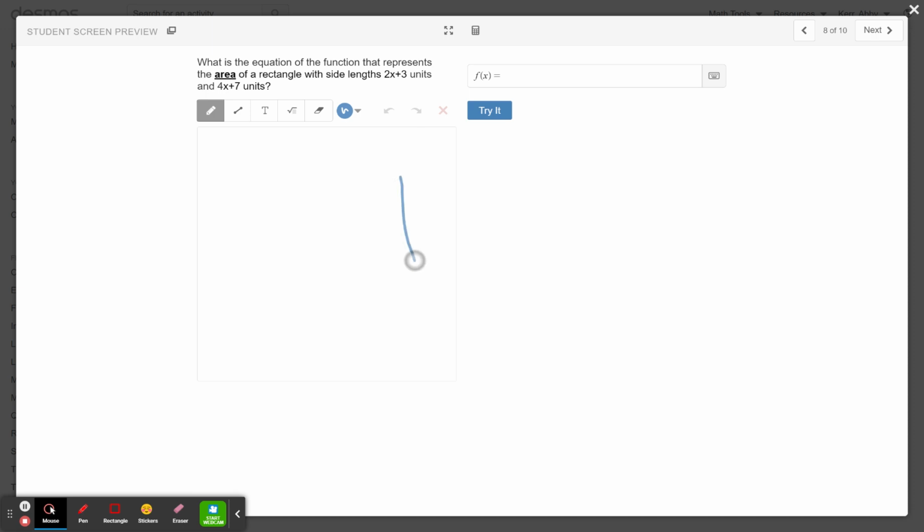All right, area means to multiply length times width. Does not matter if you put the 2x plus 3 on top, as long as they're together, okay? Because it says the length 2x plus 3, so it has to be either both on top or both on the side. Same with the 4x plus 7.